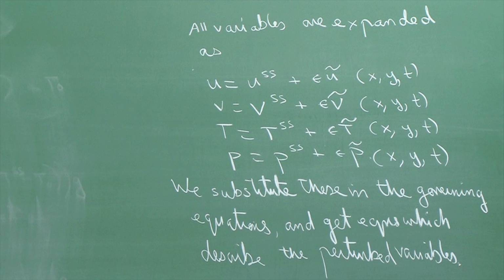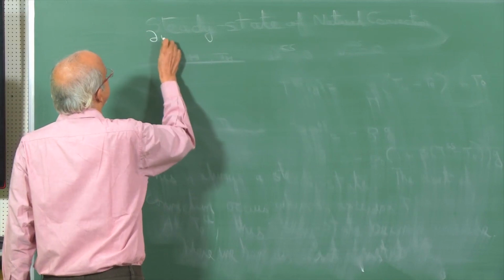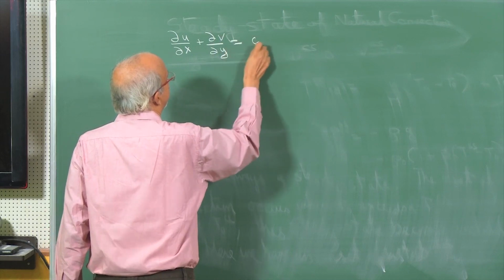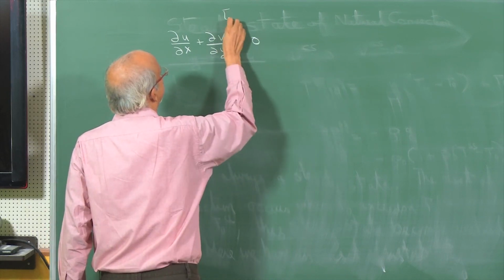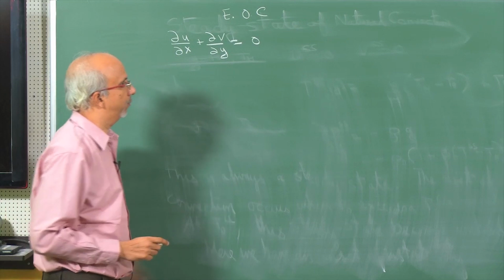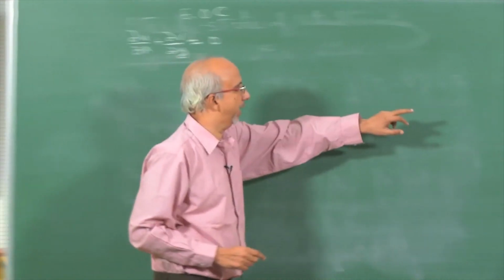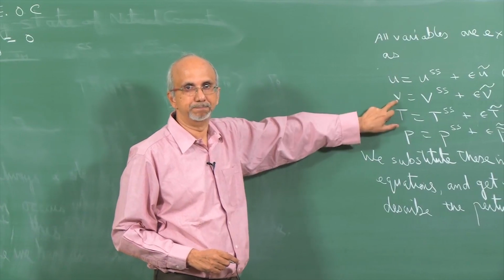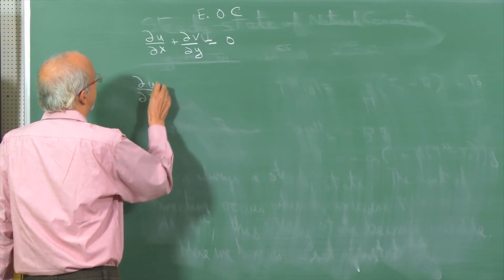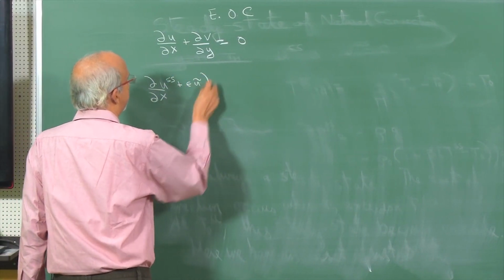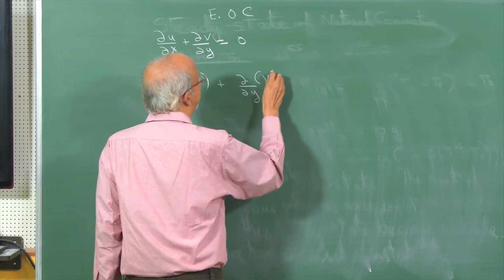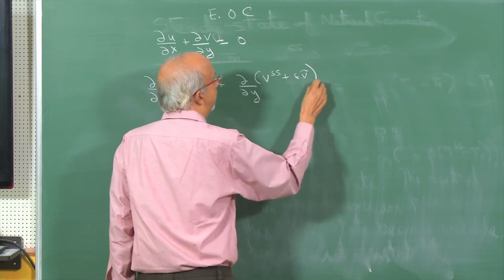We begin with the equation of continuity, which is du by dx plus dv by dy equals 0. This is the equation of continuity, and here I am going to substitute for u and v from these expressions here, and this gives me basically d by dx of uss plus epsilon u tilde plus d by dy of vss plus epsilon v tilde equals 0.